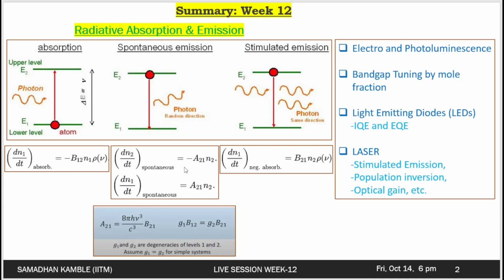And we can write this particular rate equation with respect to the ground state as well, in which the number of electrons would be increasing, so it is a positive sign here. So these two equations are equivalent to each other. Going to the last emission process, which is nothing but the stimulated emission.